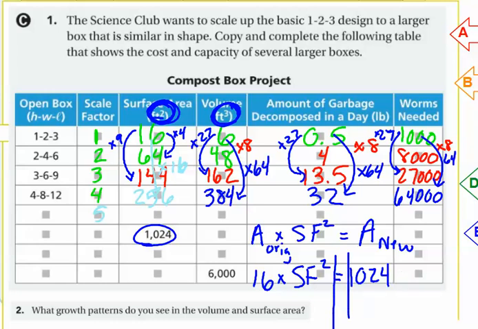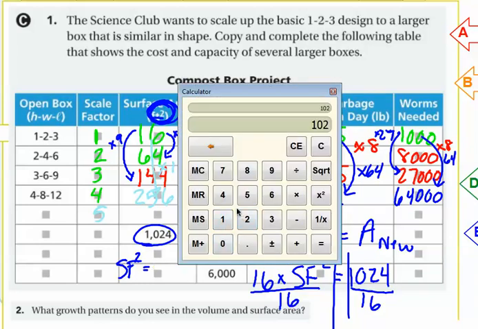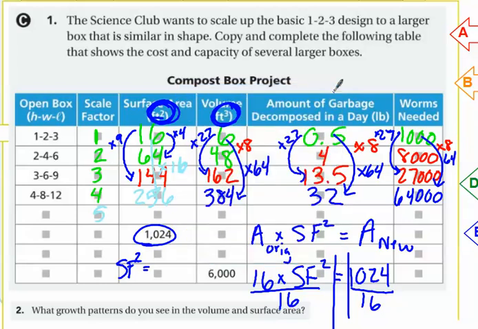I see that 16 times something, I want to undo the 16, so the opposite is going to be divided by 16. And that gives me the scale factor squared is equal to 1024 divided by 16, which is 64.